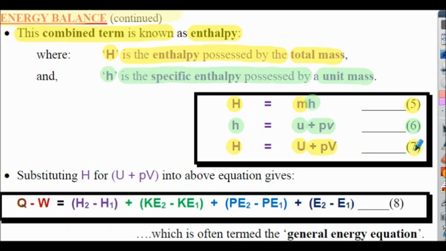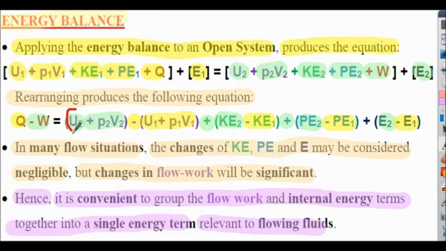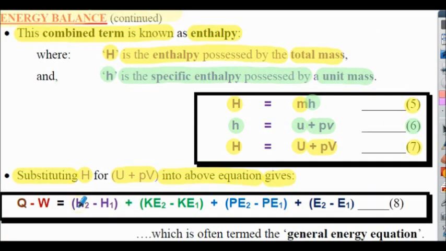That's equation 7 for reference. So substituting h for u plus pv in the previous equation, we'll substitute h2 here, h1 here, but changing this bracket here to h2 minus h1.